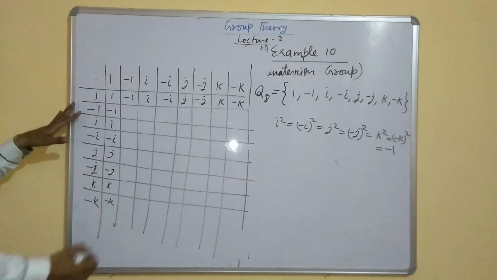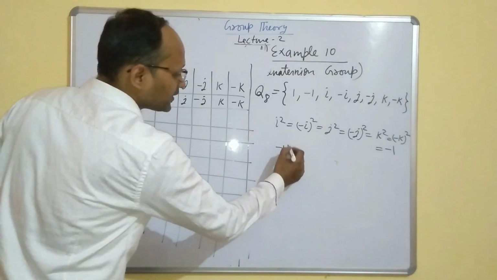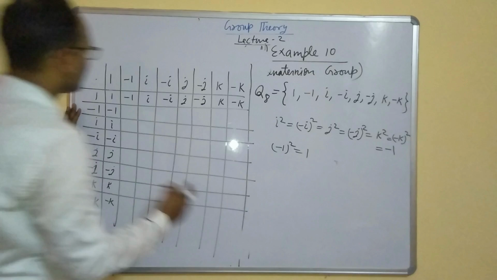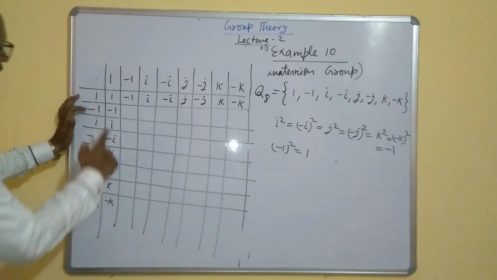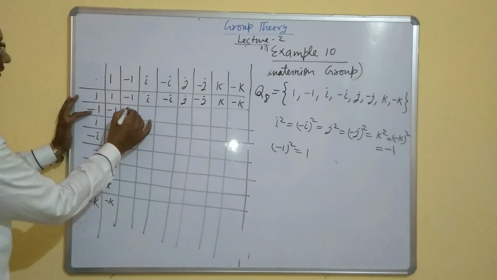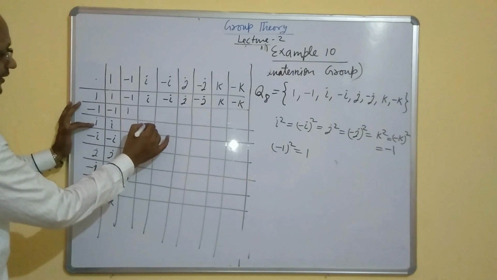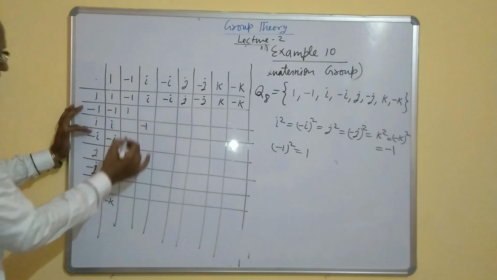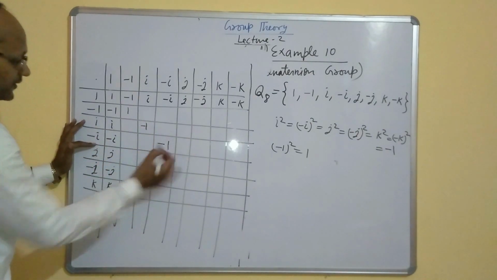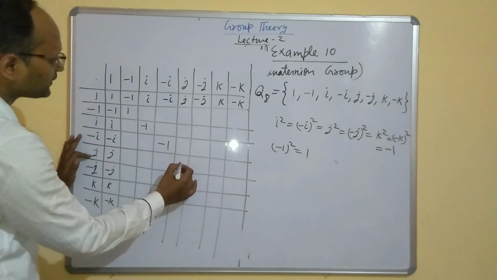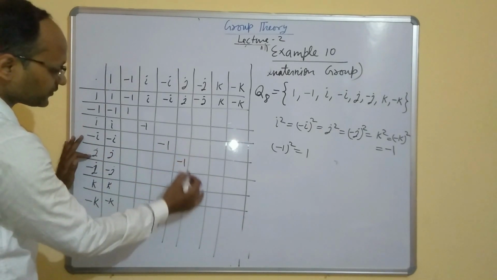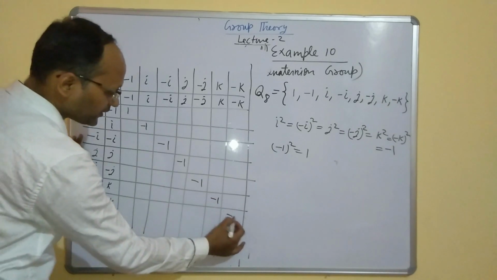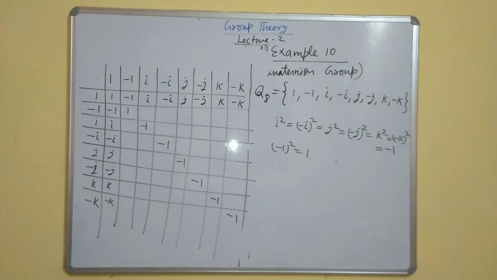Of course -1 squared is 1. So we can put the squares of all the elements: -1 into -1 is 1, i into i is -1, -i into -i is -1, and these all are -1.